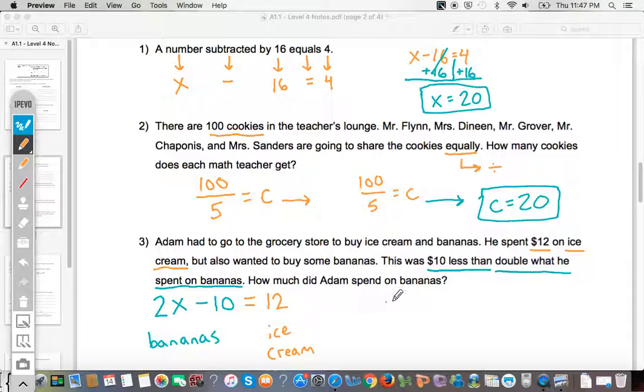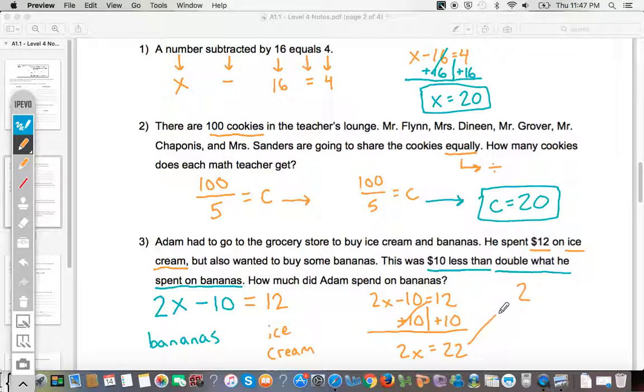So, we rewrite it over here. 2x minus 10 equals 12. Draw my t. Add 10 to both sides. So I'm left with 2x equals 22.